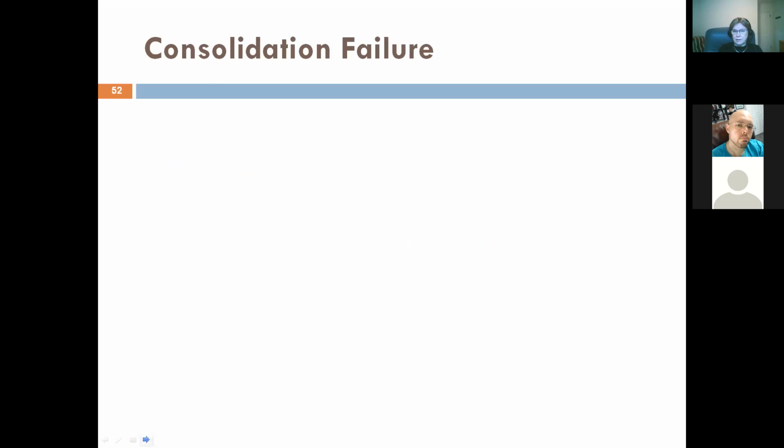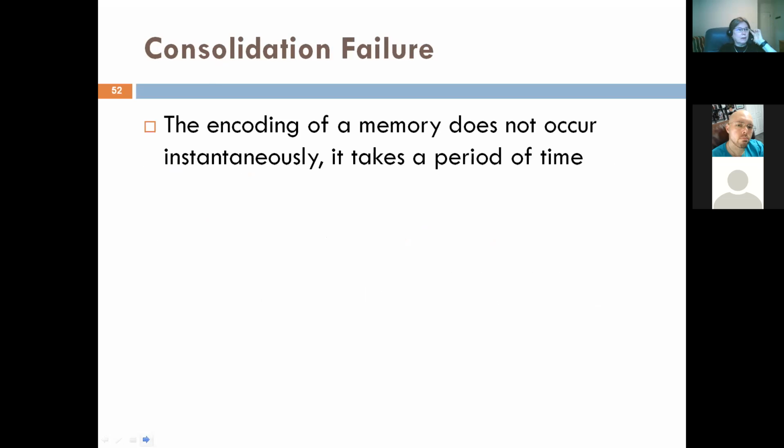Consolidation failure is a different way of thinking about it. It's also a variation of a decay theory, but it assumes that when you encode a memory trace, it does not happen instantaneously. That is, here you are thinking about something, now it's already in your memory. You actually have to take time to create the memory trace.